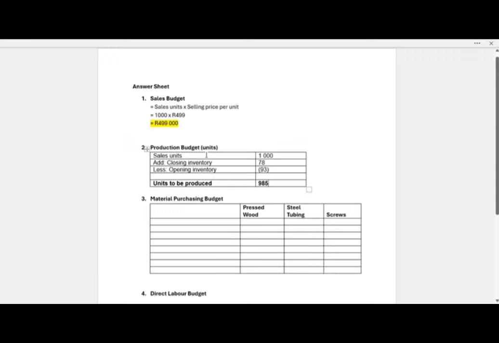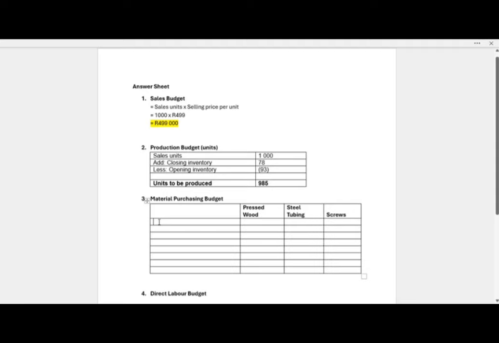Materials to be purchased. So number one, we are going to calculate materials. I'm going to the material purchasing budget. We are going to start with the formula as well. So here we're going to focus on the materials needed to produce those desks.